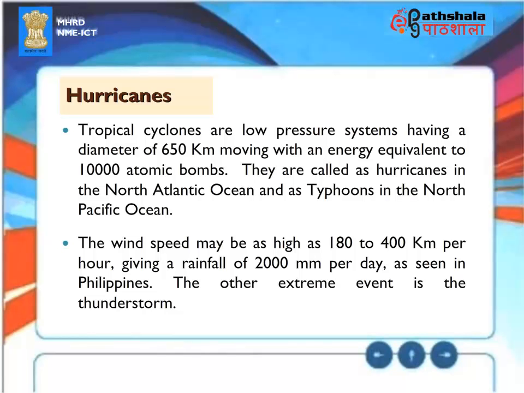They are called hurricanes in the North Atlantic Ocean and typhoons in the North Pacific Ocean. The wind speed may be as high as 180 to 400 kilometers per hour, giving a rainfall of 2,000 millimeters per day as seen in Philippines. The other extreme event is the thunderstorm.